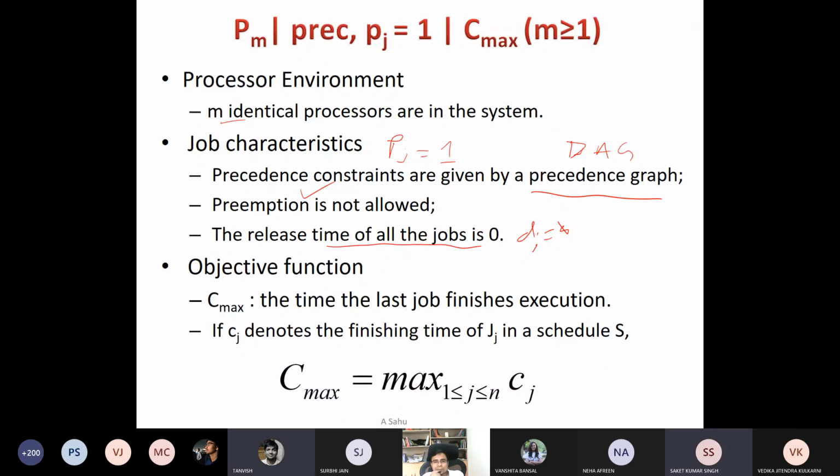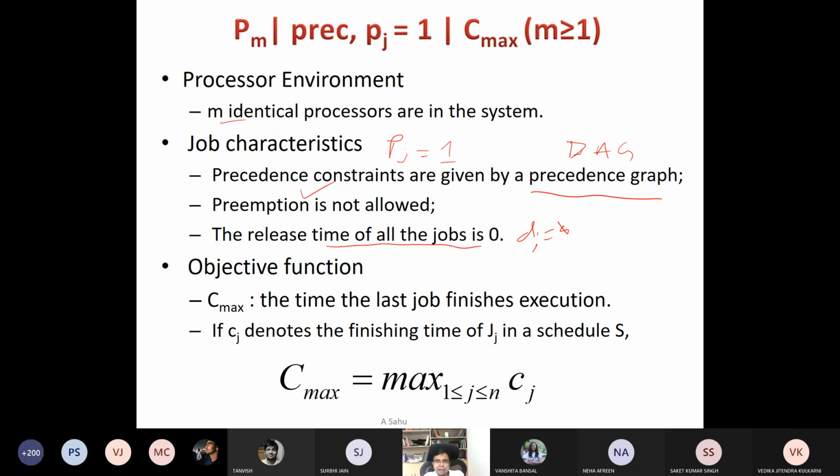Sir, maybe we can do a topological sort, and each independent path we can give to a different processor. No, that also will not work. Even if a sufficient number of processors is there, whatever Tanvi said, Cmax will be the critical path.